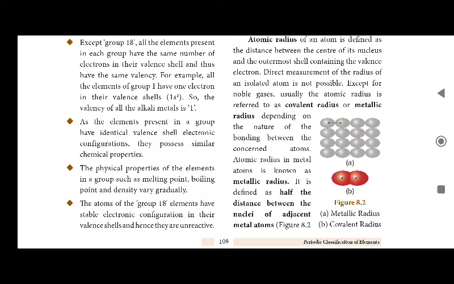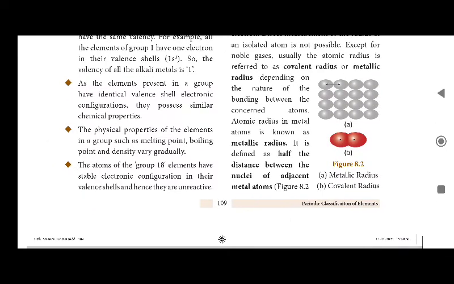Like when writing an exam, we call it seating arrangement. Similarly, electronic configuration is the arrangement of electrons in an atom. Lower energy electrons will be first, then higher energy electrons will go to higher levels. K, L, M, N. Very good.